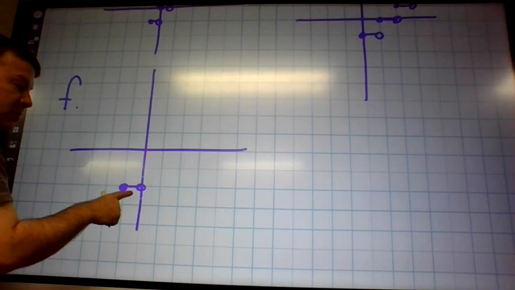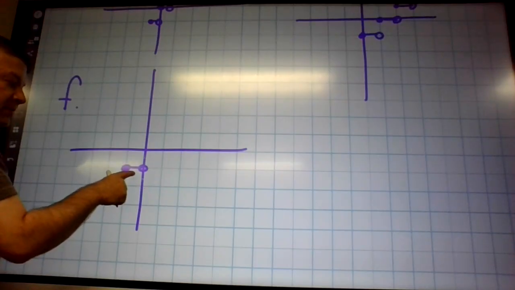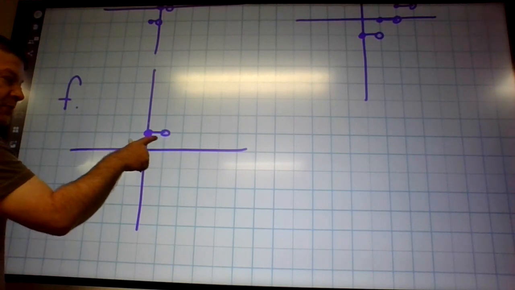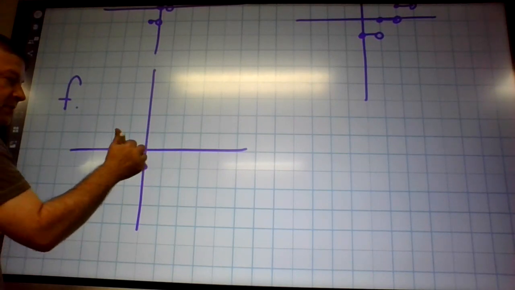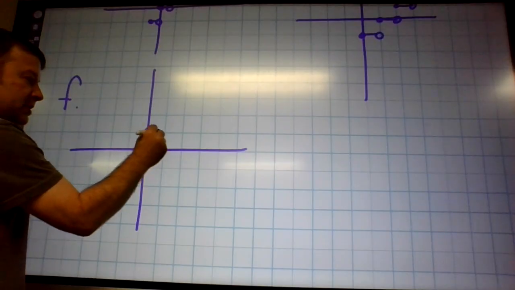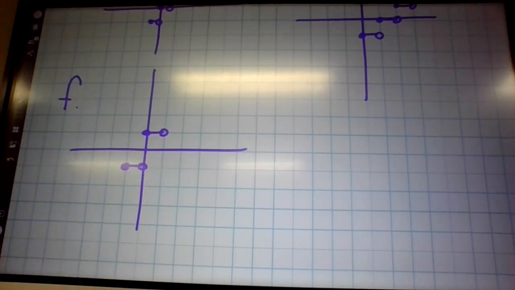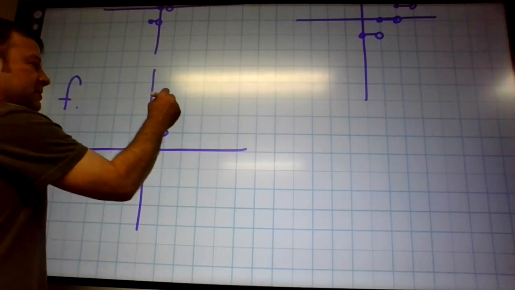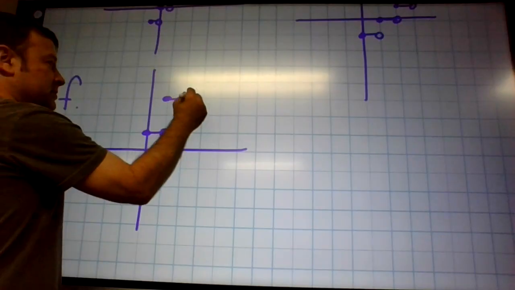But when you plus 1, it goes back to there. For the step at 0, 0 times 2 is still 0, but plus 1 moves it up 1. So it's that. After you do the first two, you can kind of just see what the pattern is and copy it.